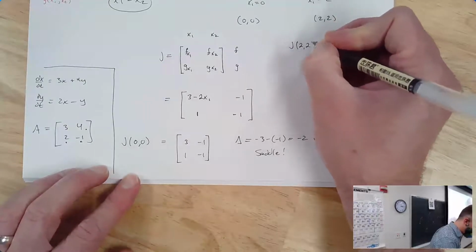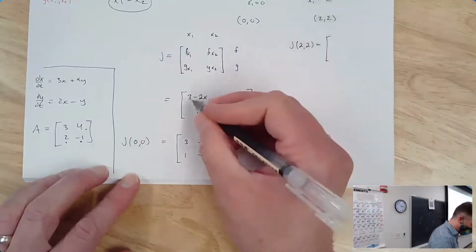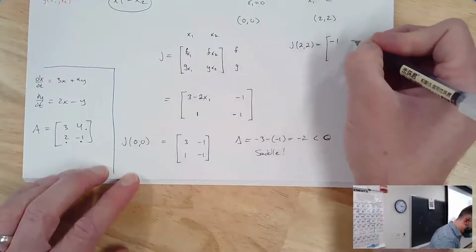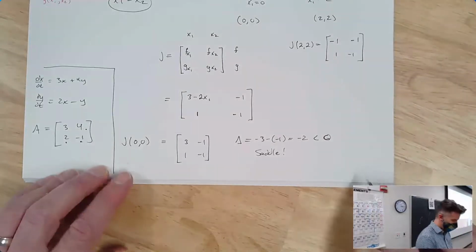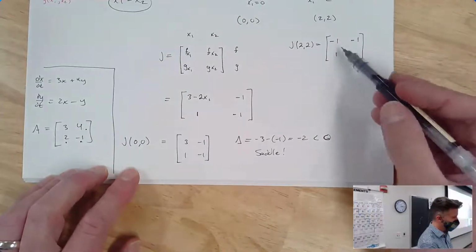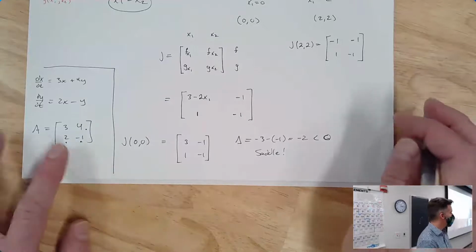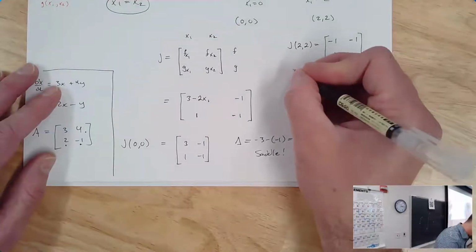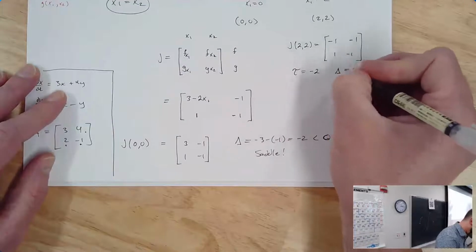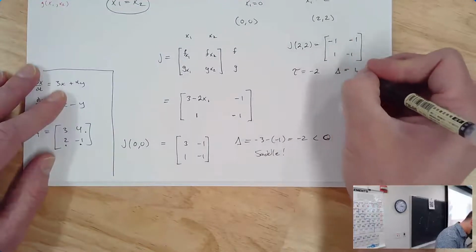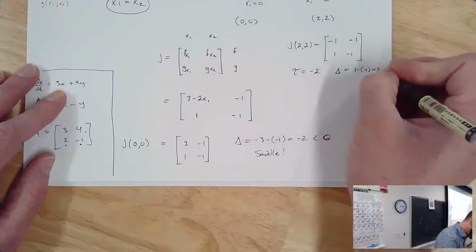If I plug in (2, 2) instead, I get 3 minus 4, so negative 1, negative 1, 1, negative 1. I don't think it's going to be a saddle, so I should probably actually do the work. My trace is negative 2. My determinant is 1 minus negative 1, which is 2.